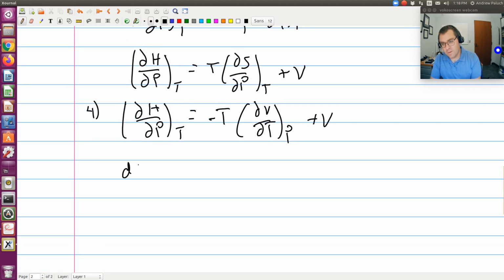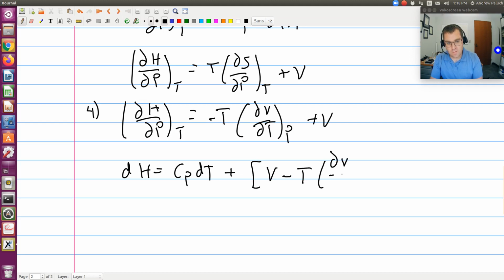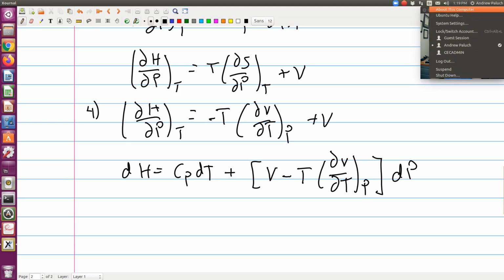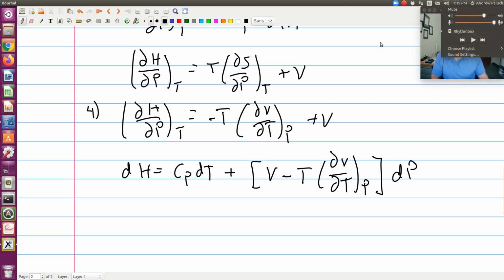So I'm going to end up with dH is equal to Cp dT plus [V minus T (∂V/∂T) at constant P] dP. Okay, cool. Now I have my expression for H with independent variables T and P. So let's box this in.